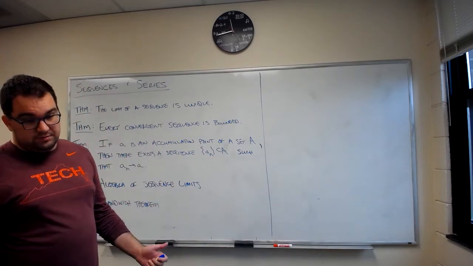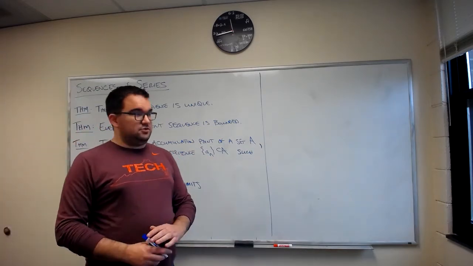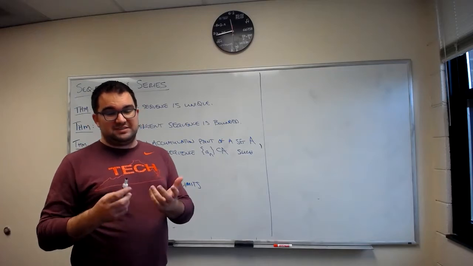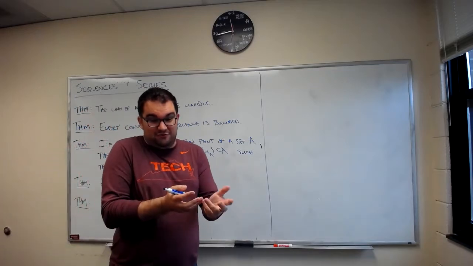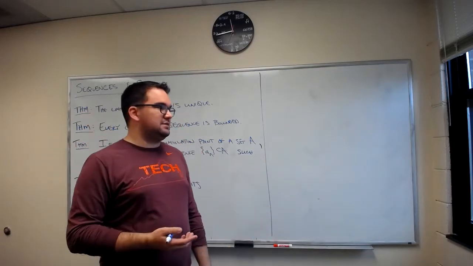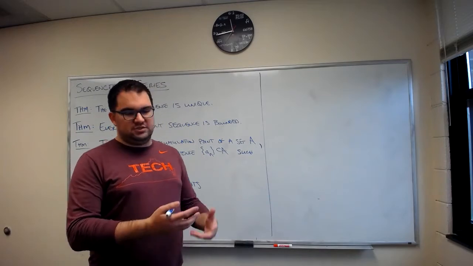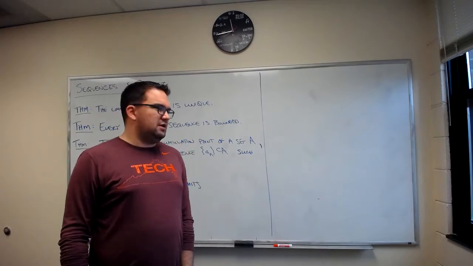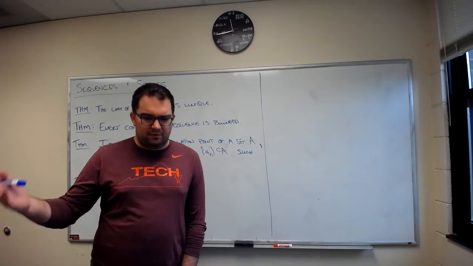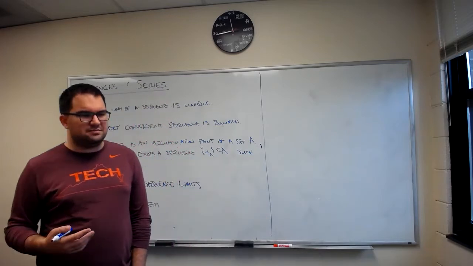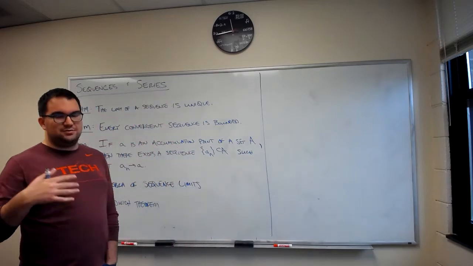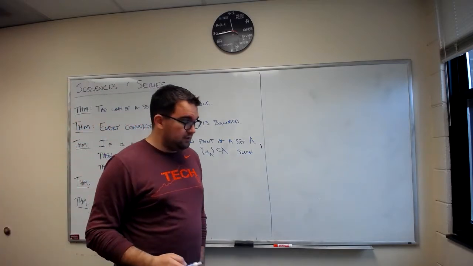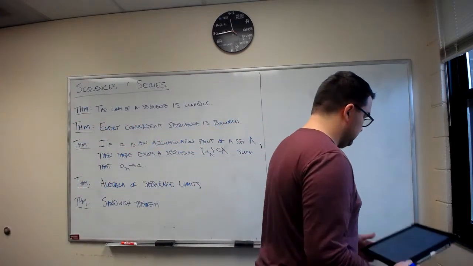But that can be hard sometimes, either because you've constructed a sequence but it's not specifically defined, like you may not have a particular function that defines the sequence, or at least you don't have some explicit form written down for the function. So that's hard to work with and figure out what L is. So we'd like some theorems that tell us a sequence converges even if we don't know what the limit is.